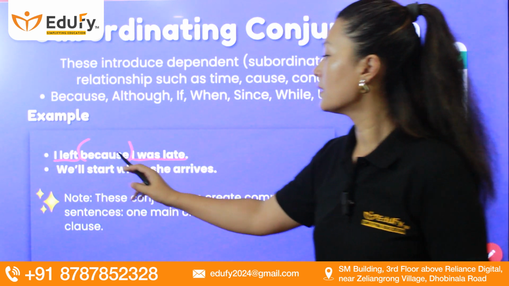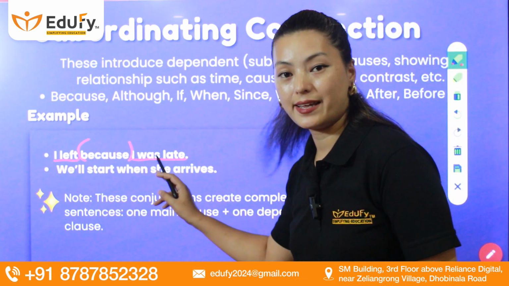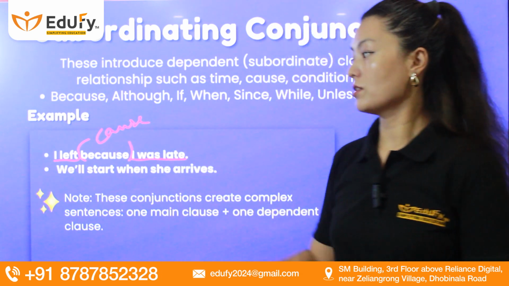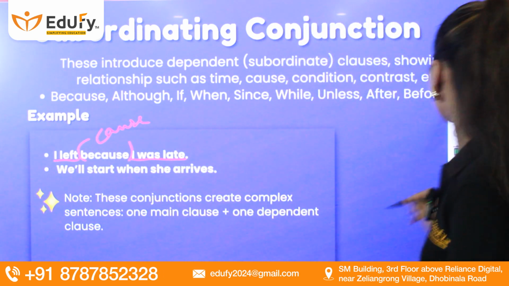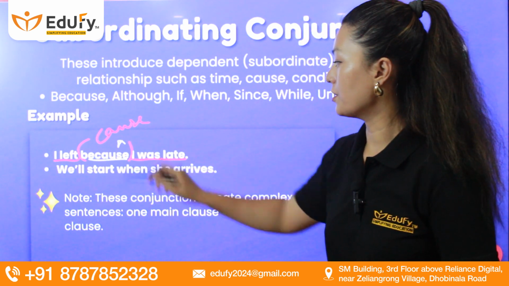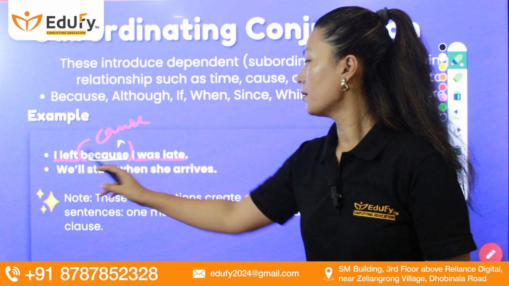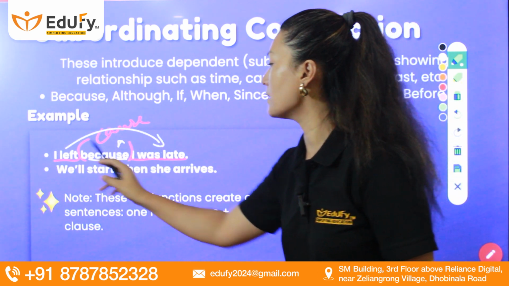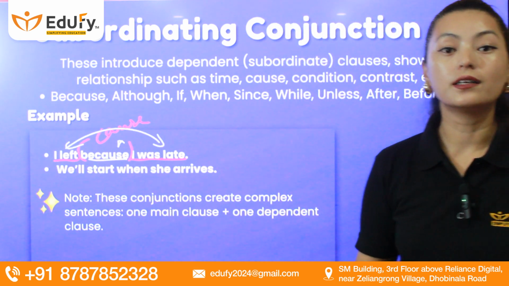What is it telling us? Because I was late, I left. That means it is showing the cause of my action, right? What is the cause of my action? Because I was late. So the word because is joining these two sentences together and telling you the reason of my leaving.